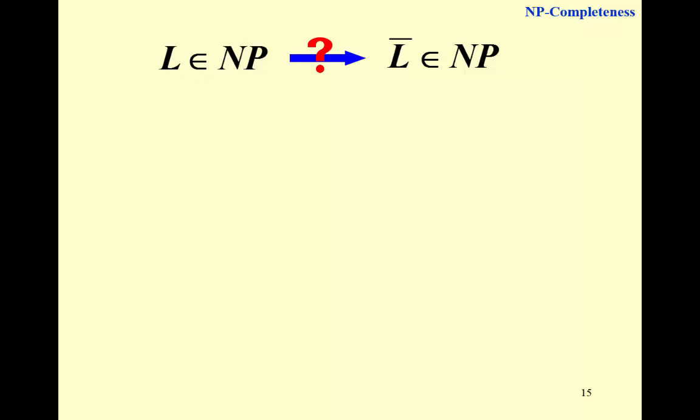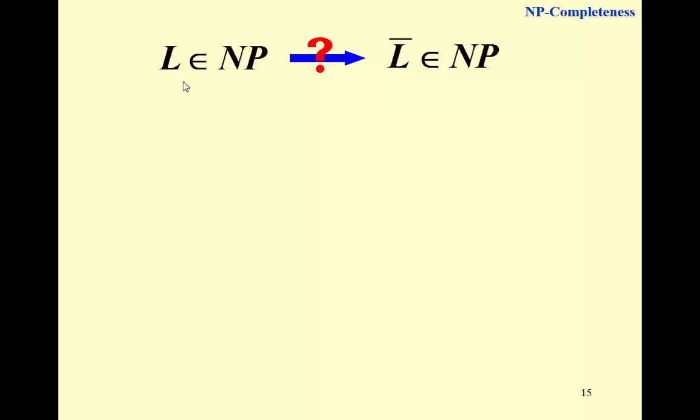But to determine whether a graph does not have a Hamilton cycle is another story, since if there's no solution, the smart, non-deterministic Turing machine just doesn't know what to do. Well, actually, we don't know what to do. So far, we have to check every cycle before we can claim that there is no Hamilton cycle. So the complement of L consists of all the instances that do not answer yes.